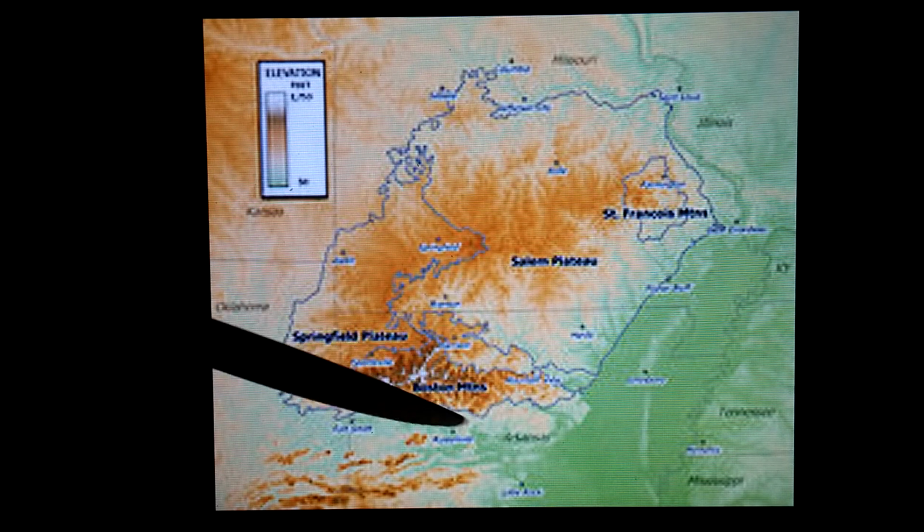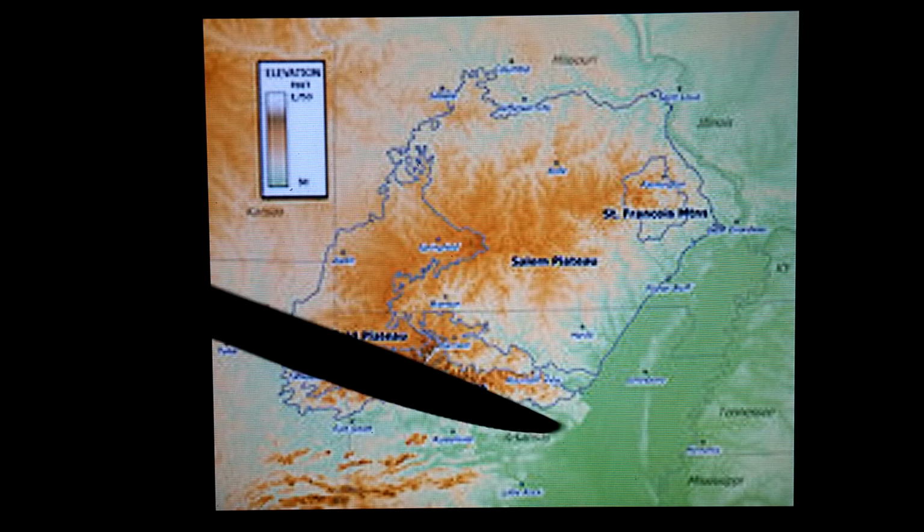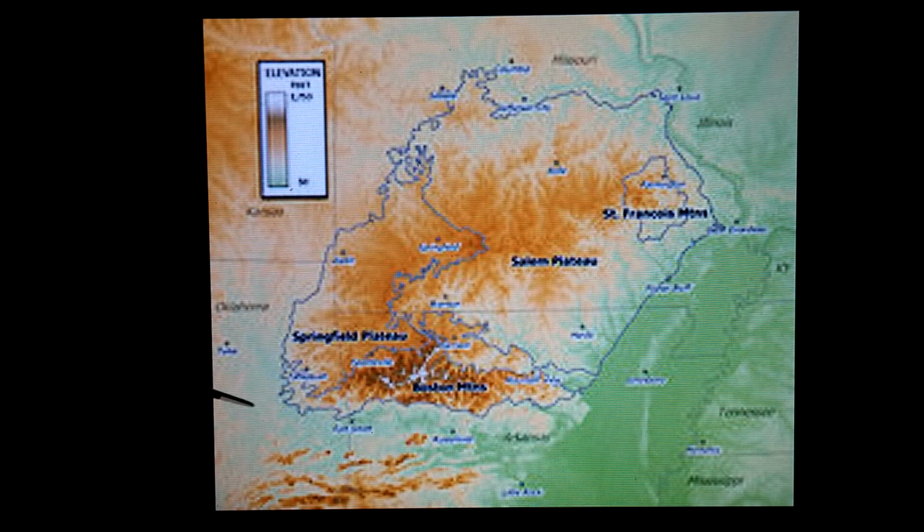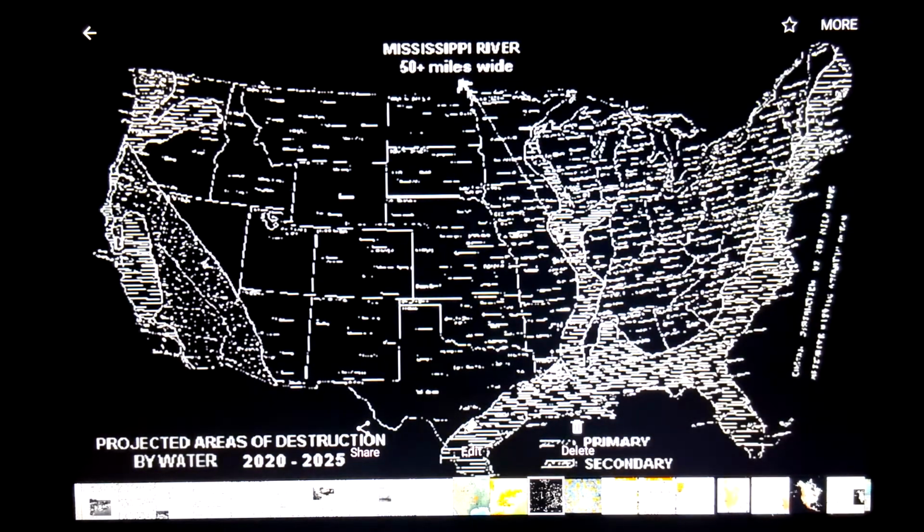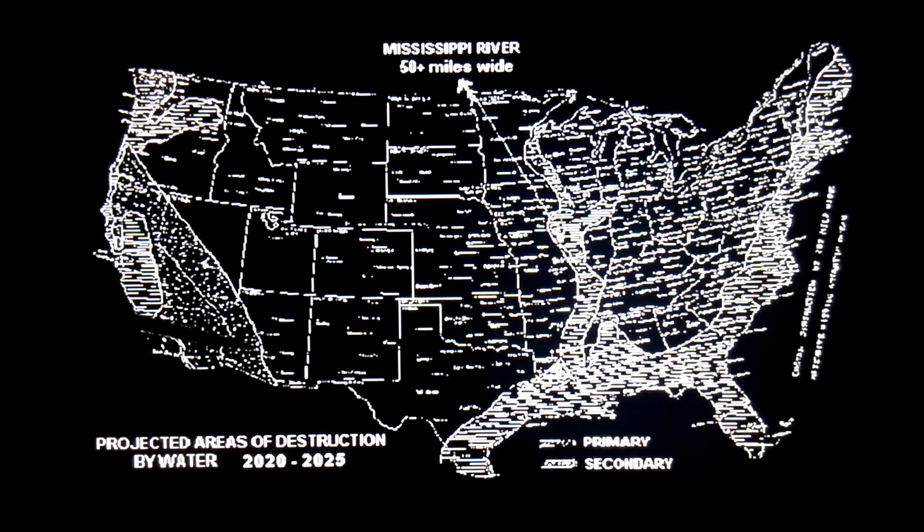And for a fact, this east-west chasm is the only place on Earth that runs a deep chasm or valley, river bed from east to west. Does that mean anything? I don't know. Read Zechariah 14 and it might, along with the ark situation. I'm not going to go into that anymore.